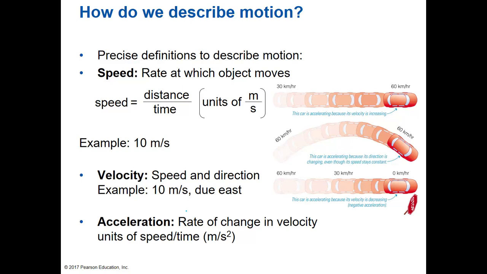In order to describe motion, we have two fundamental quantities, the speed and the velocity. Both describe motion. The speed is simply a scalar quantity. It doesn't have any direction. If I'm saying I am moving with 5 meters per second, it could be in any direction.